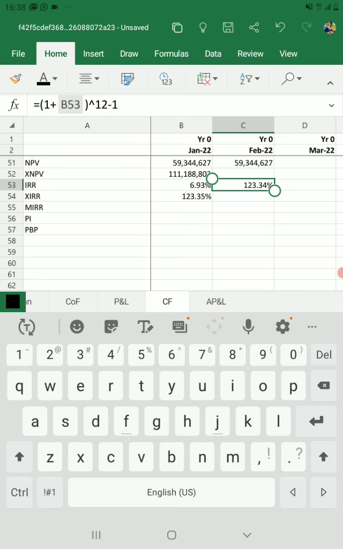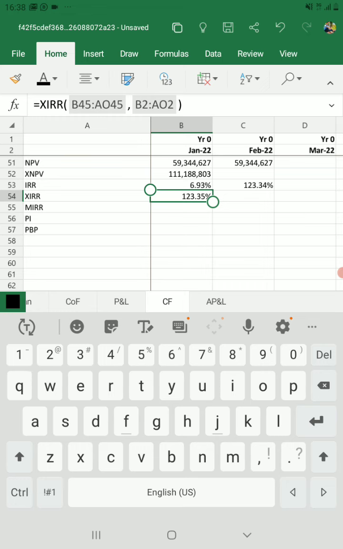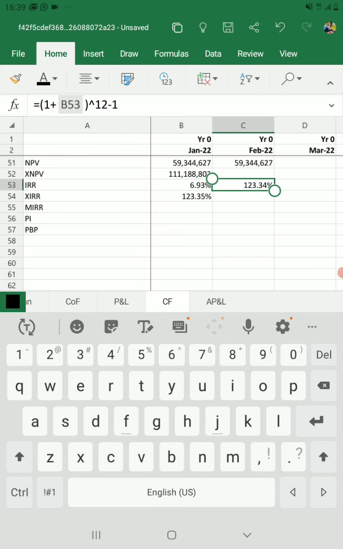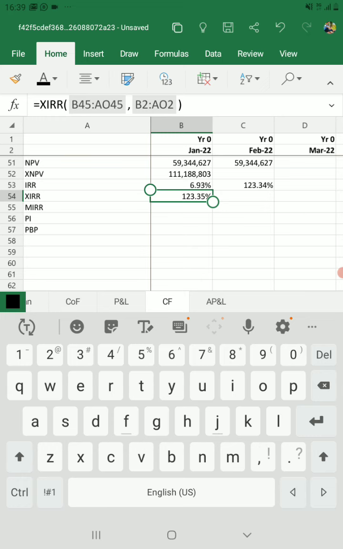While the XIRR here has used mid date within the month, according to how we modeled it. So the cash flows using IRR are farther away compared to the cash flows using XIRR. That's why when you discount using XIRR, the value becomes bigger compared to IRR.